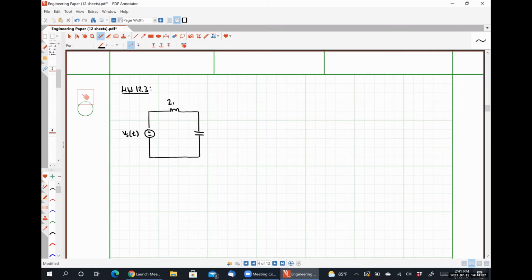Our inductor has a value of 2 millihenries. Our capacitor has a value of 80 nanofarads.